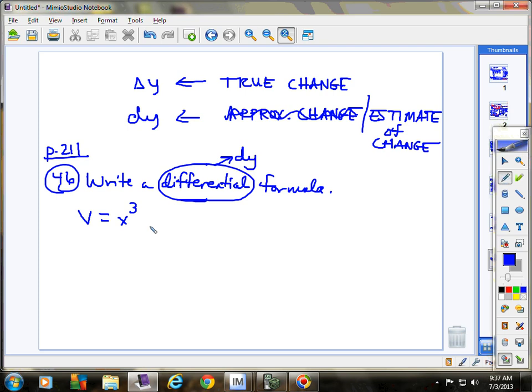All right, let's picture a cube for a minute. I don't have a cube. We're going to pretend my box is a cube. We're going to pretend it's equal on all sides, okay? Use your imagination. So the volume of that cube is one side times another side times what else? The other side, right?